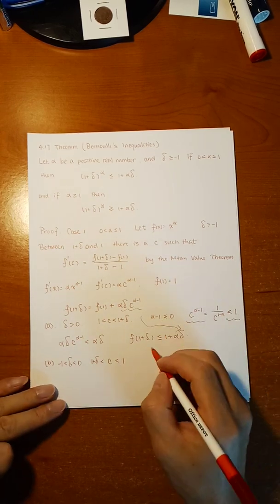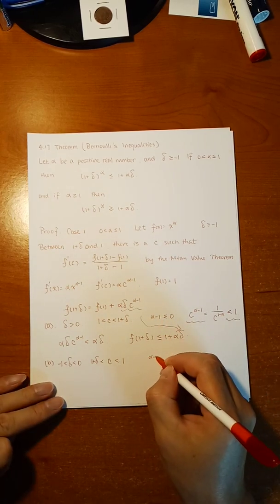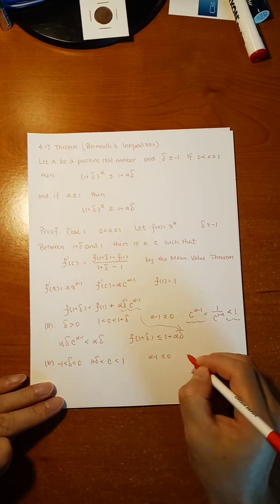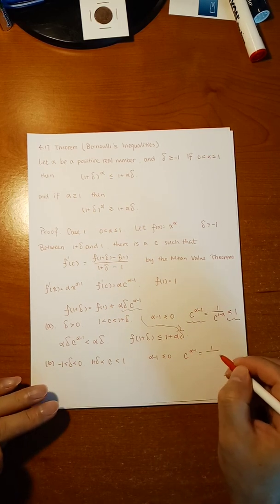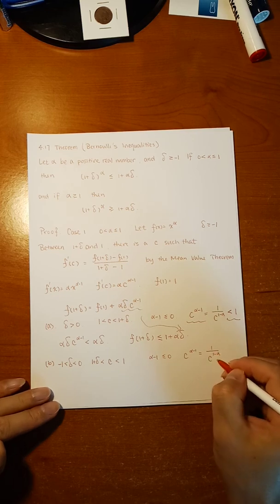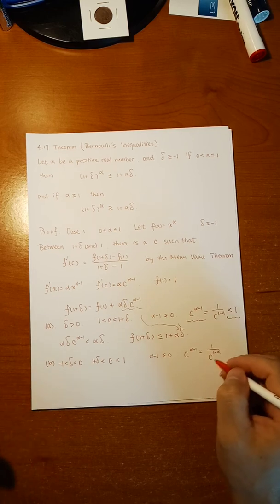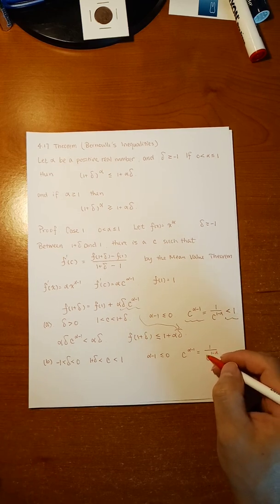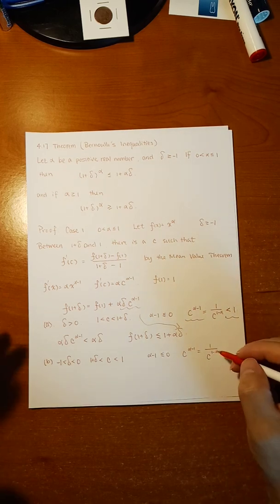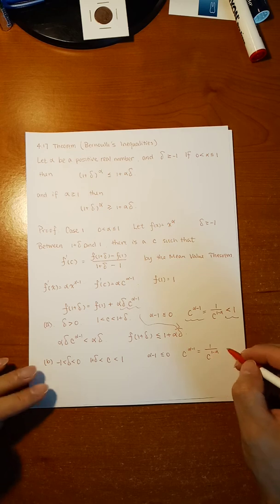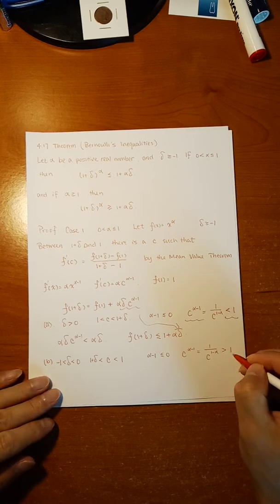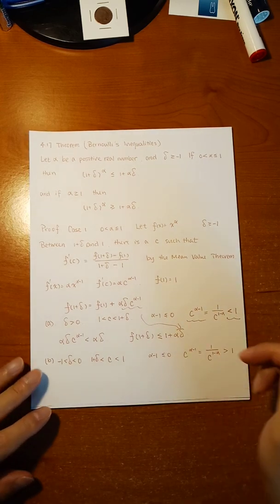Alpha is less than 1, the same thing. So c to alpha minus 1 is 1 over c to 1 minus alpha. This is like 0.1 stuff. It takes a certain positive power. It's still less than 1. You flip it. It's greater than or equal to 1.